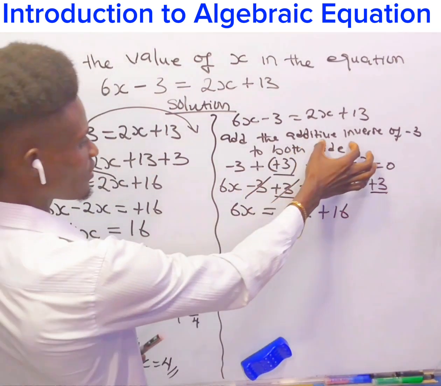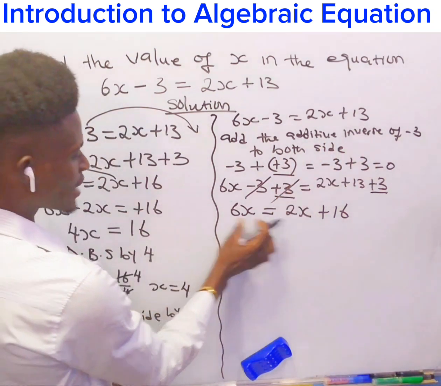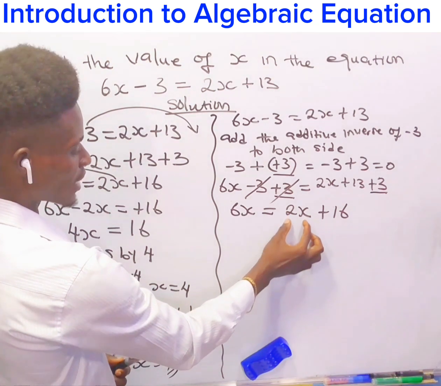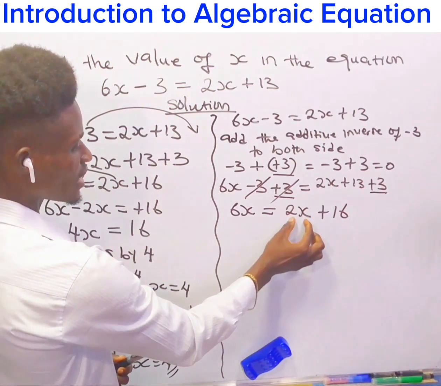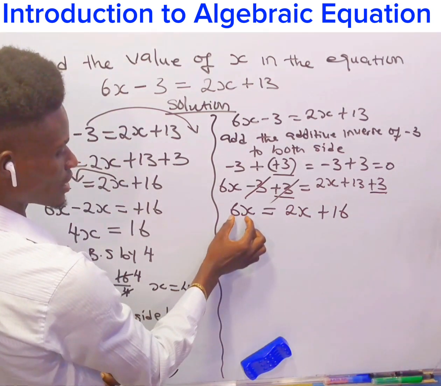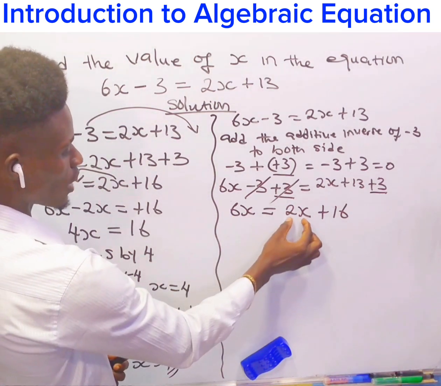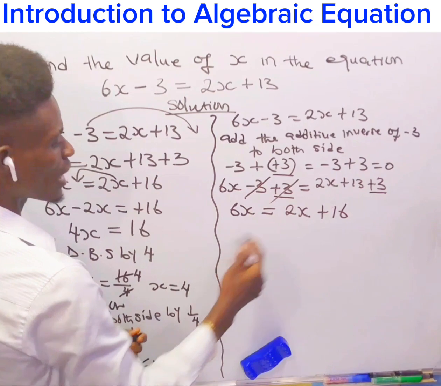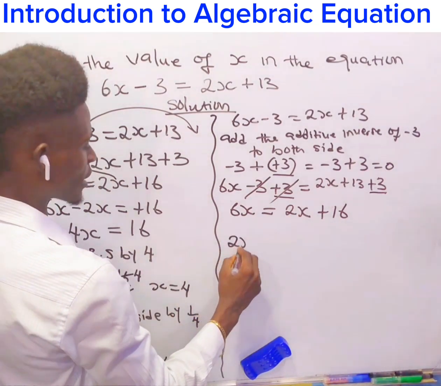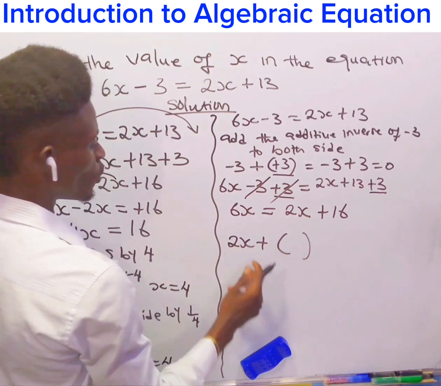Now we are using the additive inverse method. So we have x, we have x. Let's eliminate one of the x terms. So this is a smaller x. The value of x here is 2. So let's eliminate this 2x, not the 6x. Because 6x is greater than 2x, let's eliminate the 2x. To eliminate the 2x using the additive inverse, we say, what do we add to 2x? 2x plus what will give us 0?